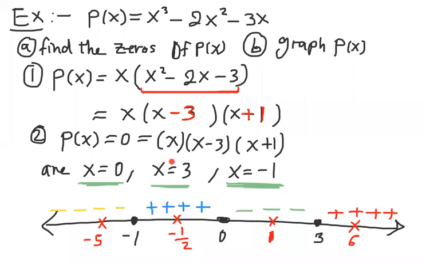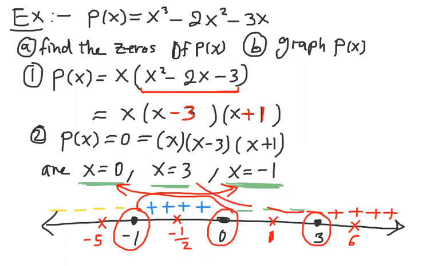We just put the zeros on the line. The -1 is a zero for the polynomial. The 0 is a zero for the polynomial, and the 3 is a zero for the polynomial.